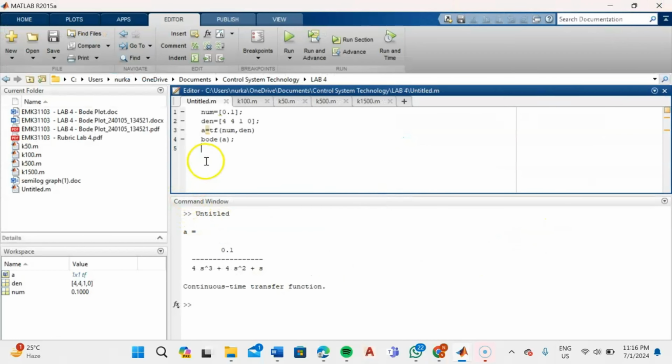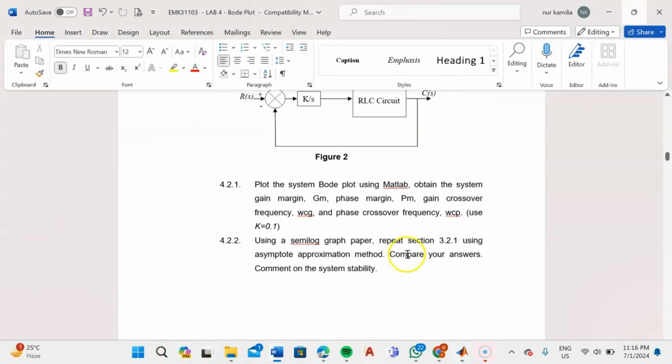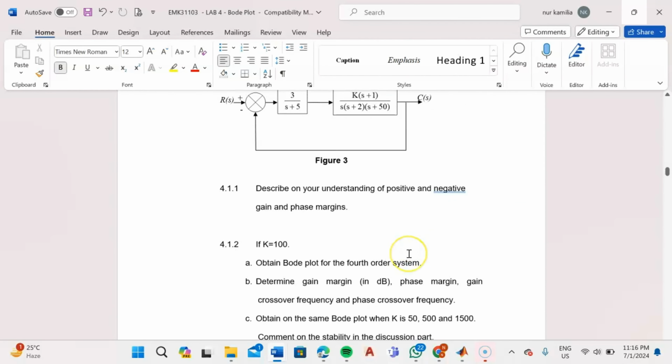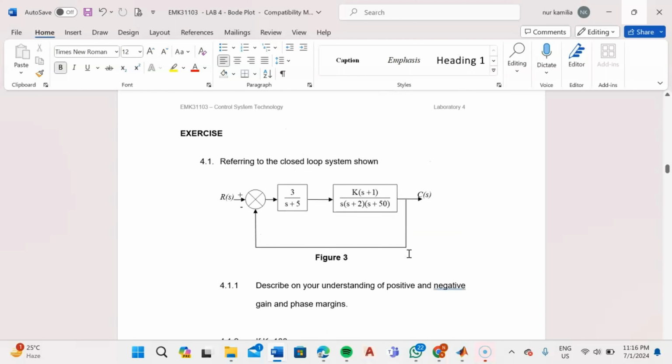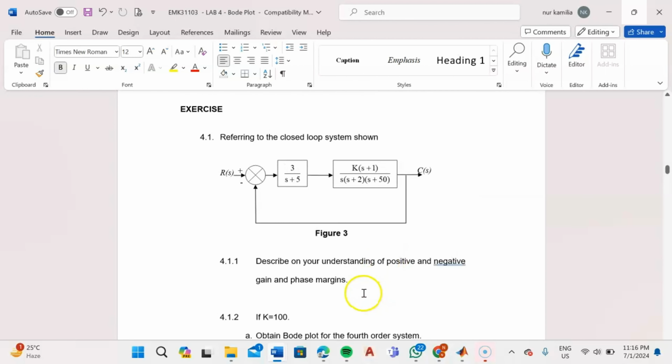Okay, and then next we need to plot for exercise 4.1, which is in Figure 3.